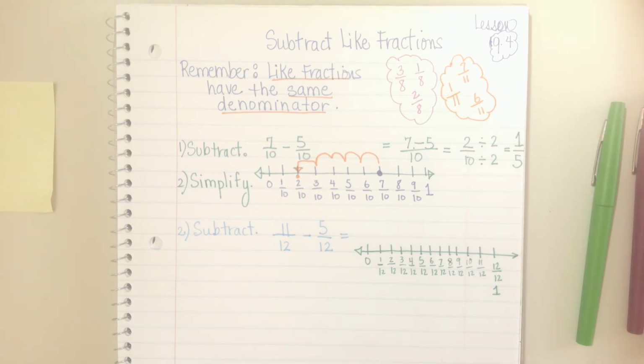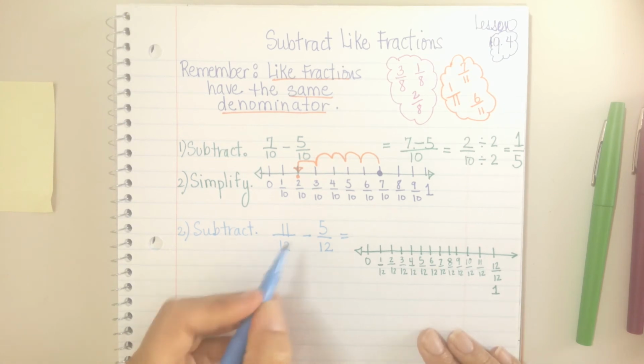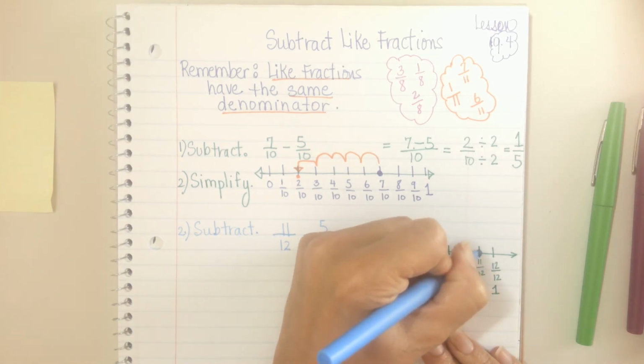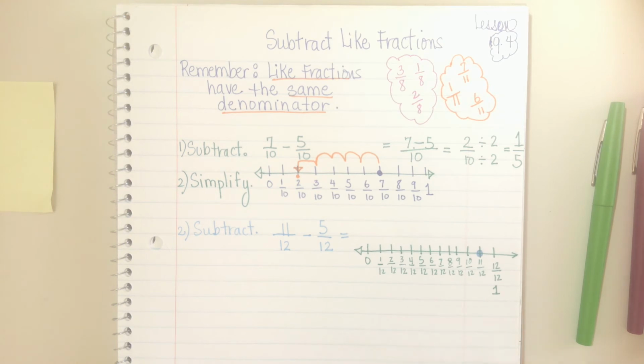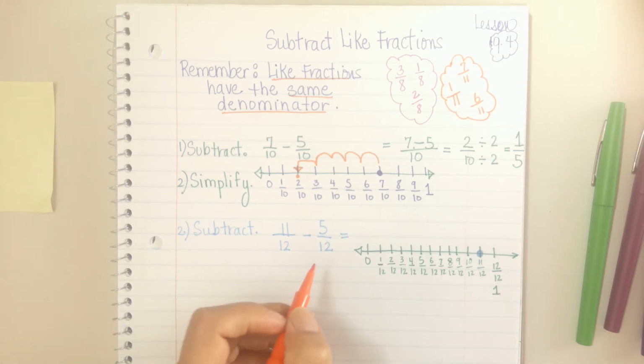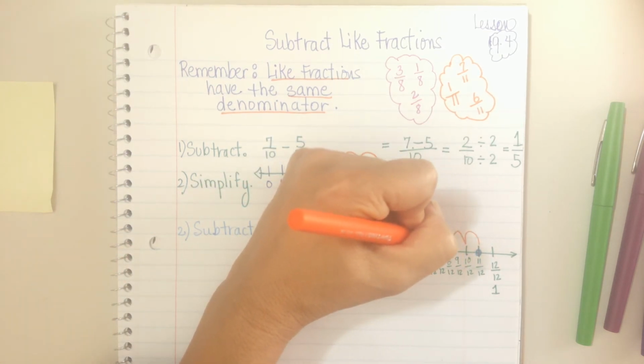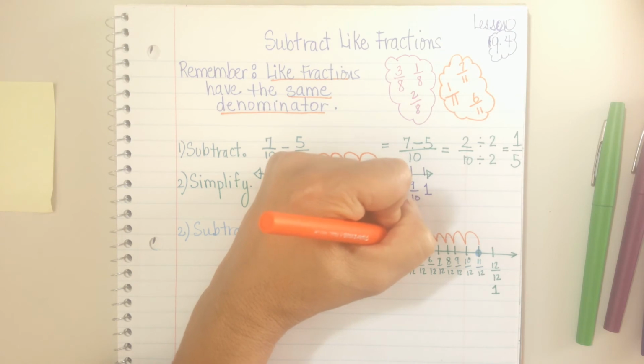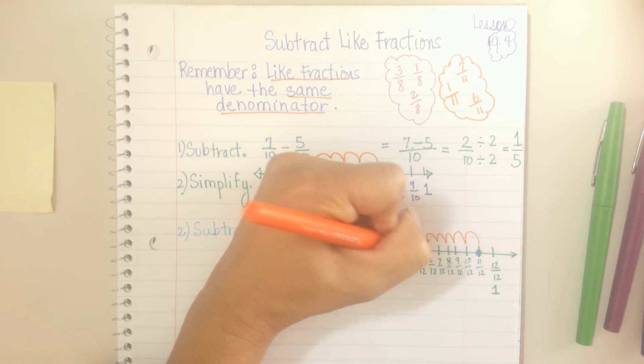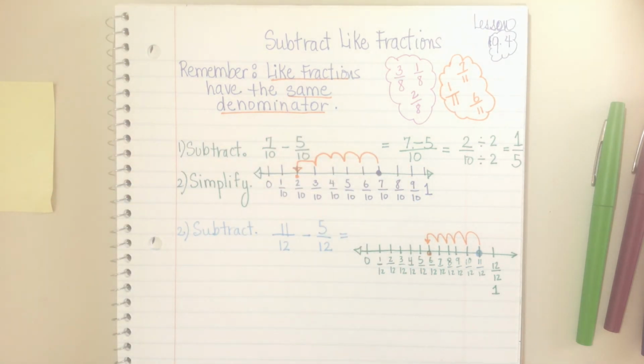Okay, first step, we're going to plot where 11/12 is, and it is right there. Then we're going to do the math. We're going to subtract 5/12. 1, 2, 3, 4, 5. And we landed at 6/12.